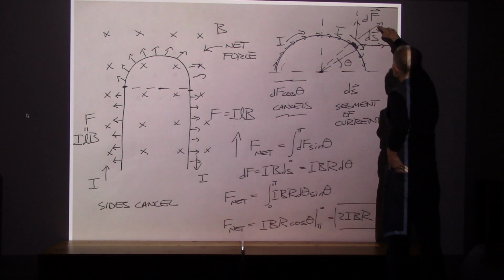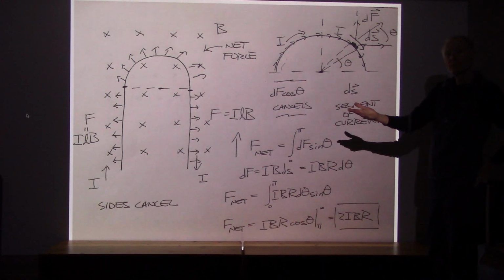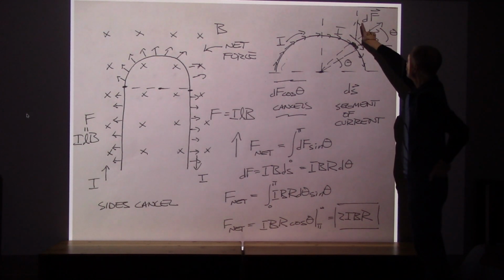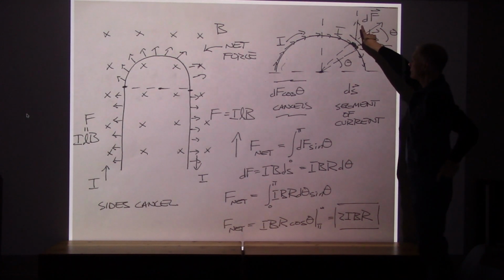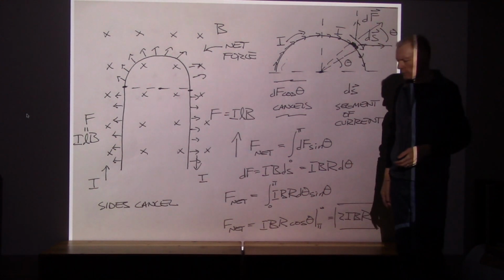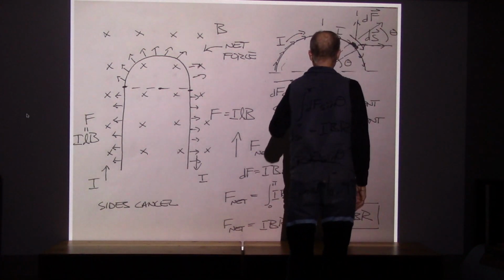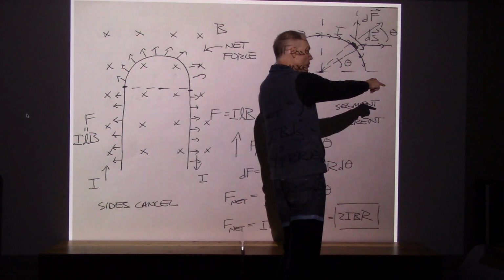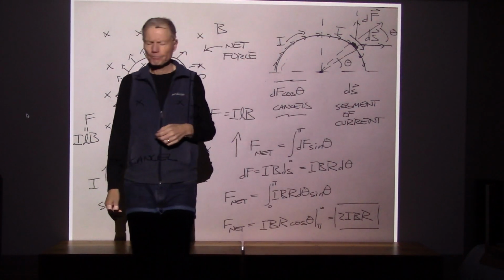The force is going to get divided up into components. So I'm going to end up with a cosine theta component that's horizontal and a sine theta component that's vertical. By the time I've integrated all the way across here, all of the horizontal components are going to cancel out.